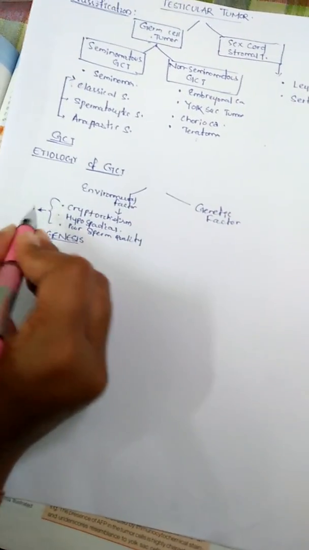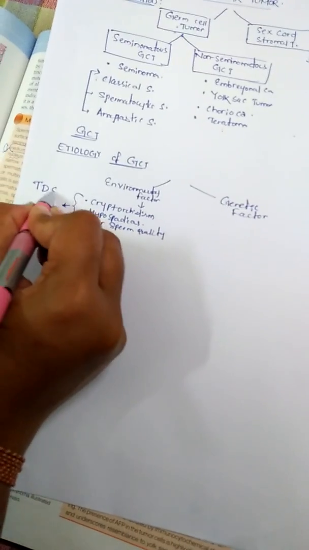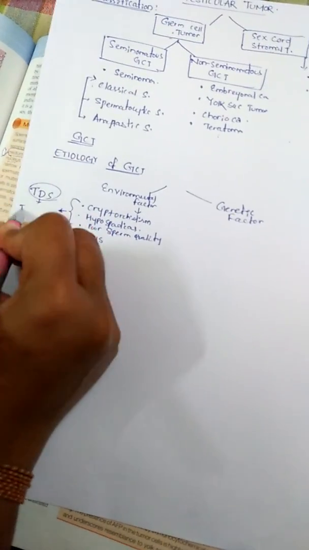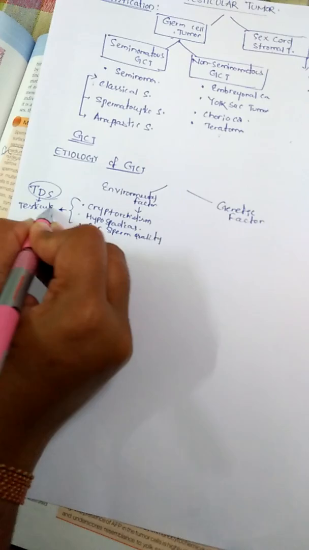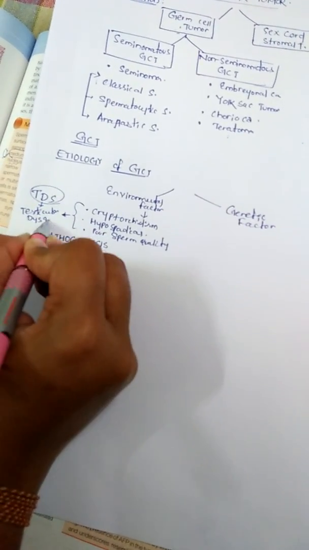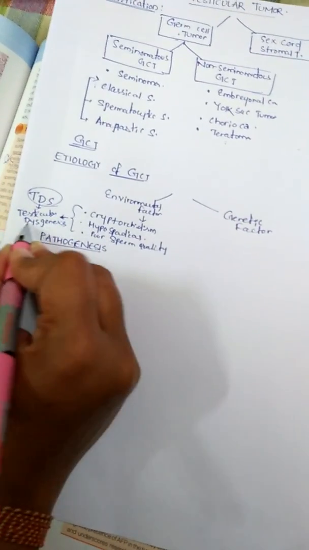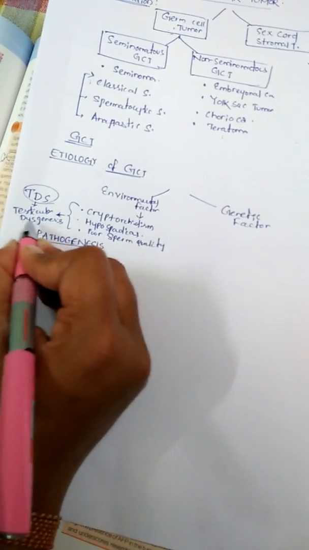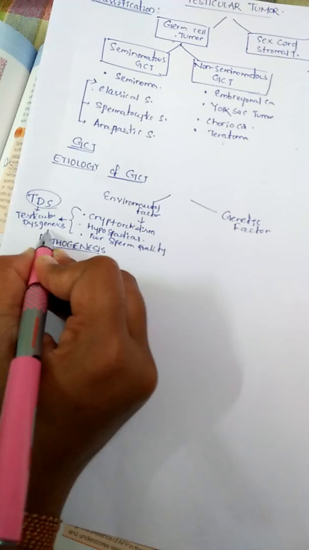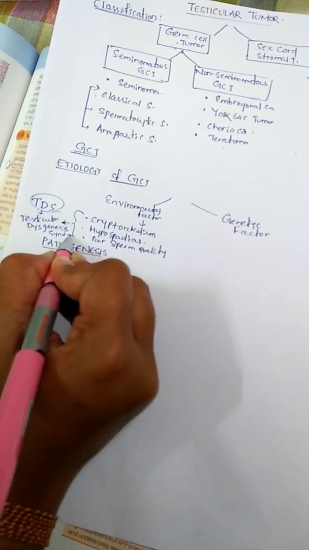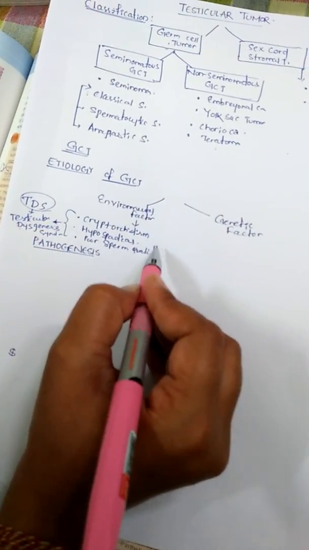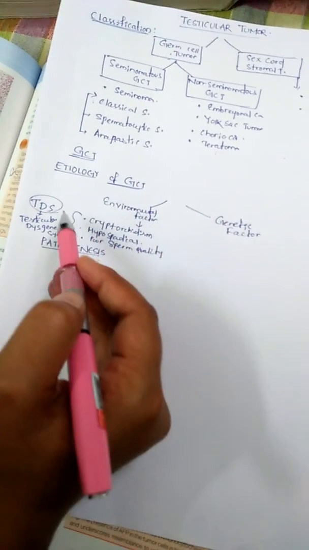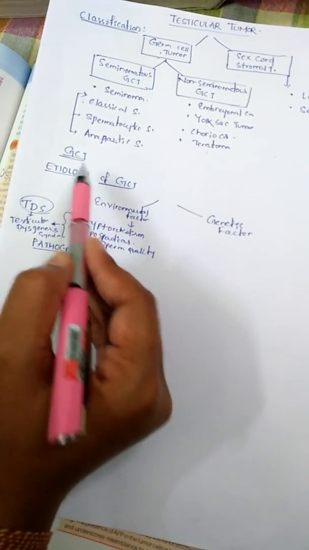And all these testicular disorders are commonly known as testicular dysgenesis syndrome, TDS. Dysgenesis means there is a deformity in the genesis. This TDS is always associated with the germ cell tumor.